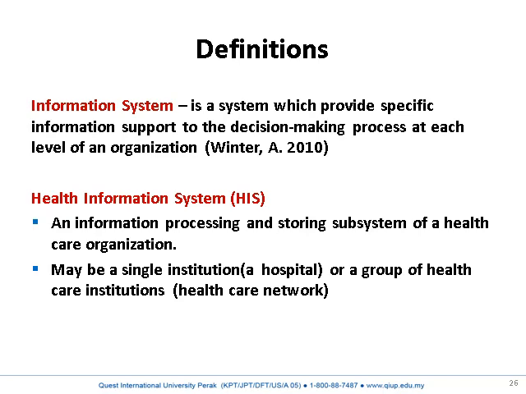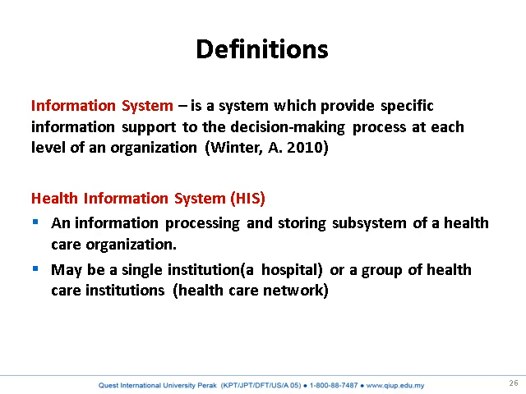Information system is a system which provides specific information support to the decision making process at each level of an organization.